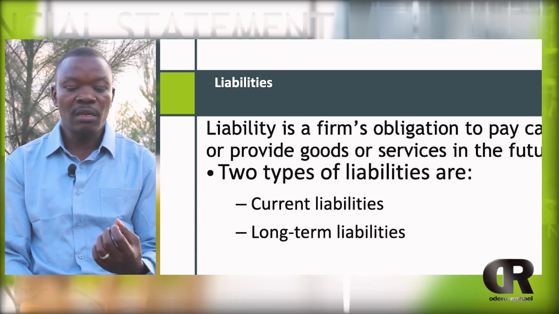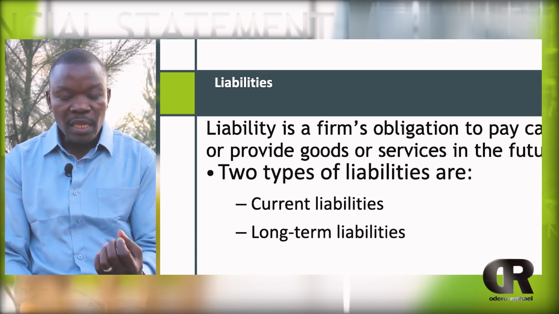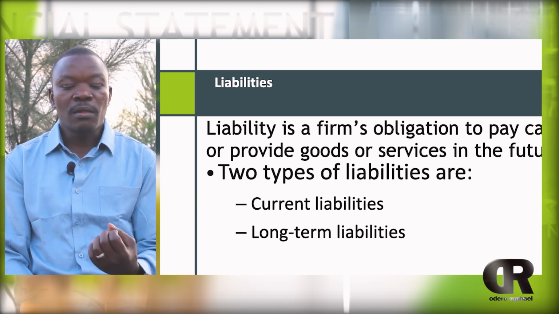Then the long-term liabilities are things that you have in the farm and are using, but you have not paid for in full. For instance, when you have bought a machinery and you have not paid in full, this will fall under long-term liability.